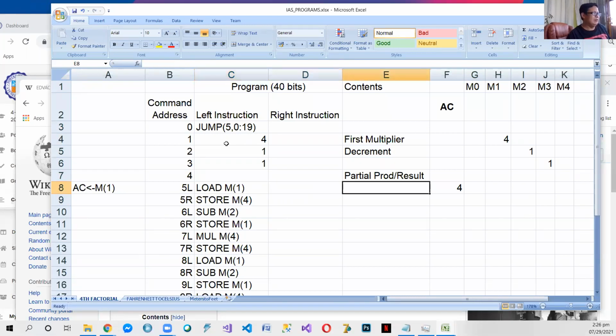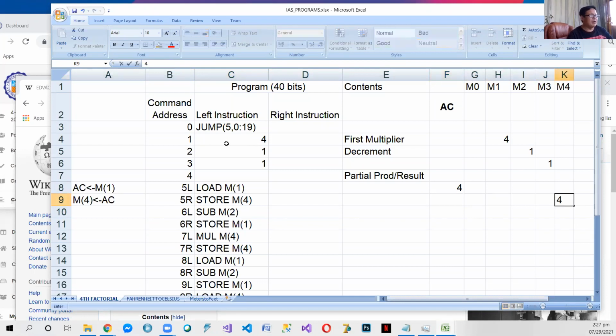What is M1? 4. So the AC becomes 4. And then we have store M4. It's like S. Store M4 means M of 4 receives AC. Which means the value of 4 will be stored to M4.